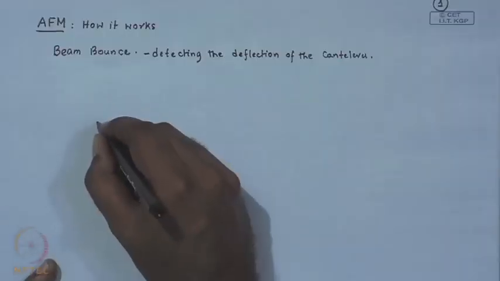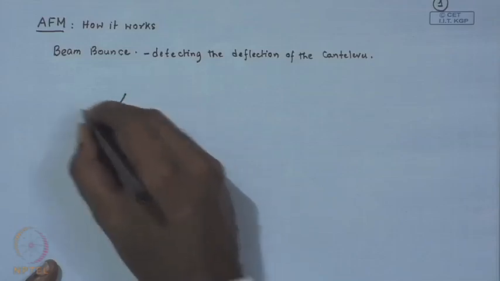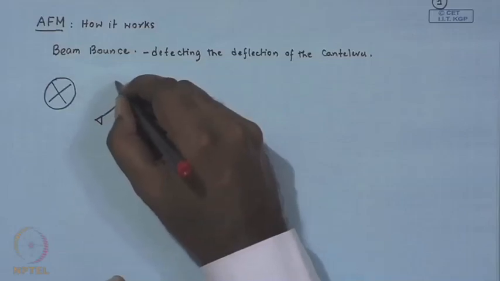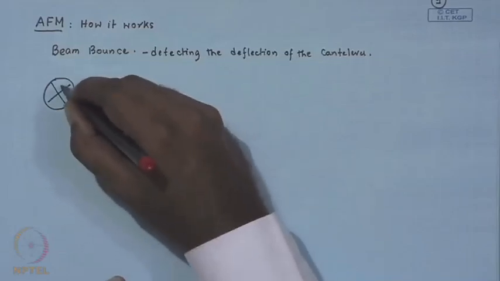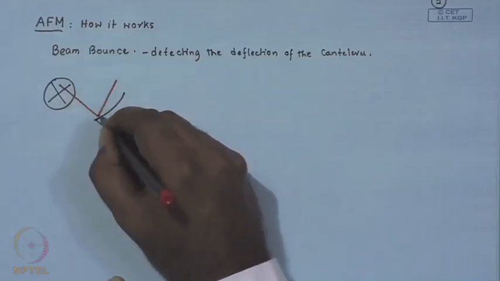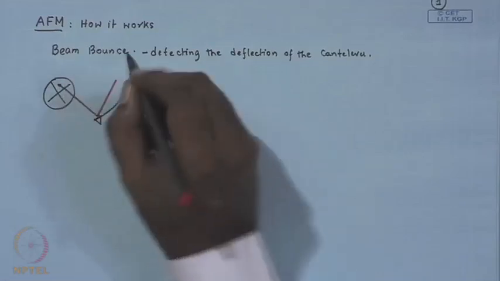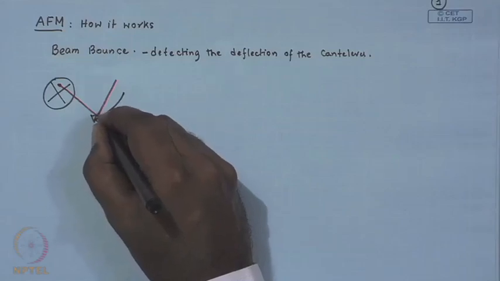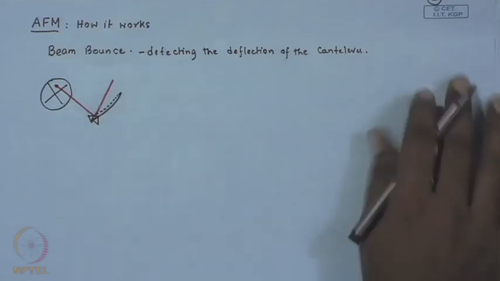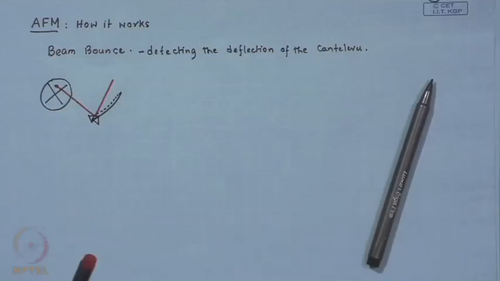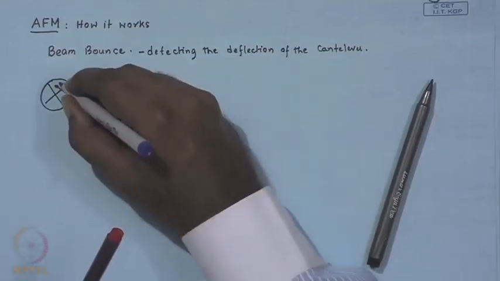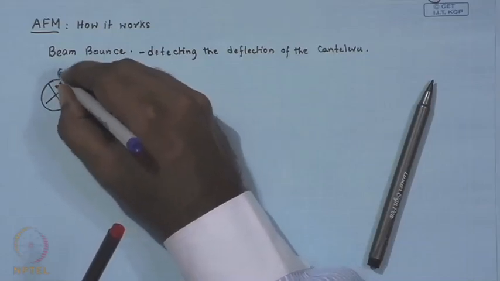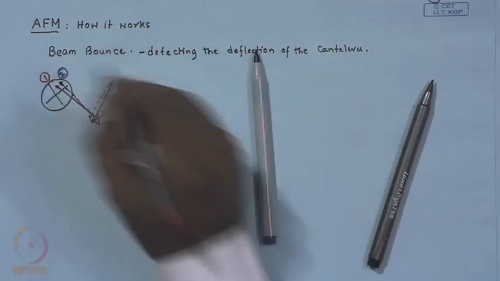So, suppose you have a specific location of the cantilever, and you have this laser source out here. We will discuss all these things in detail. Let us say for this particular configuration, this is the spot where the laser beam is falling. Now, the moment the deflection changes, the laser spot shifts to some other location. Let us say this corresponds to 2, and this corresponds to 1.